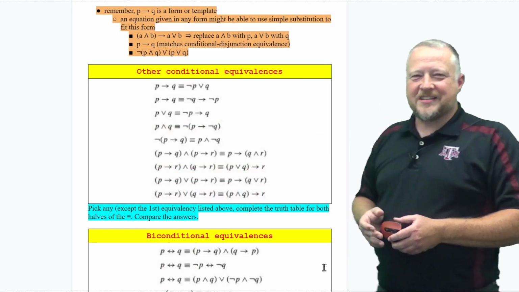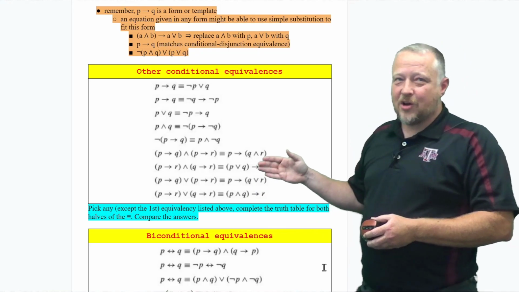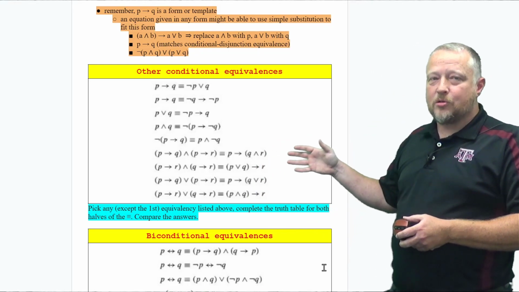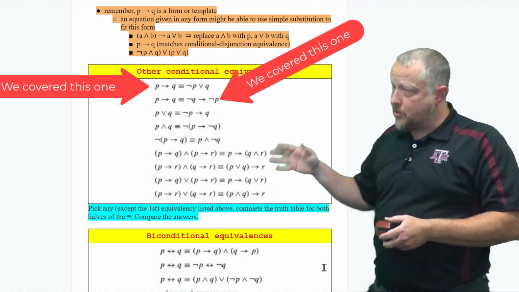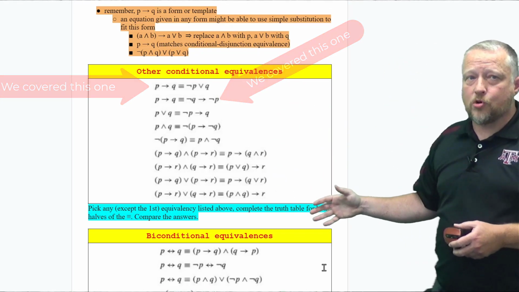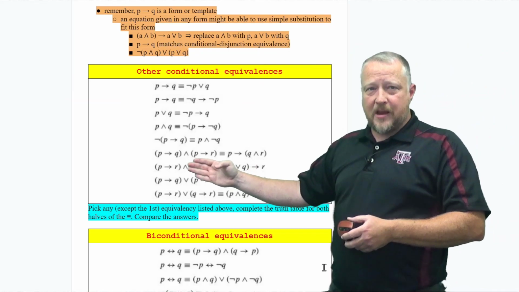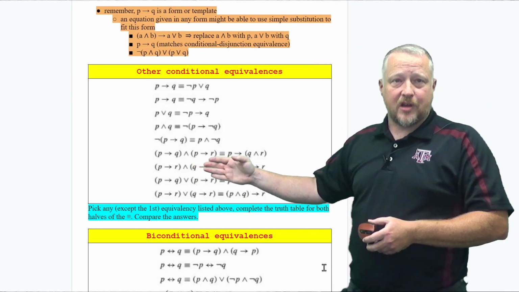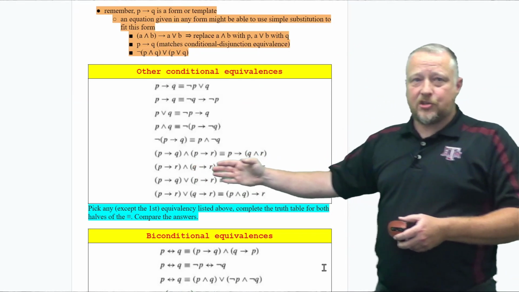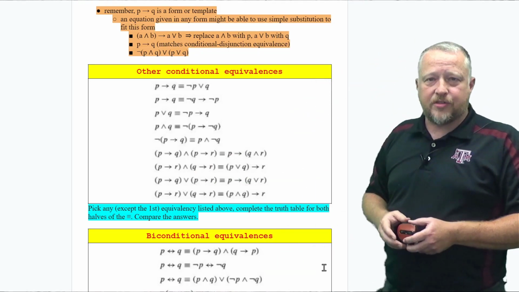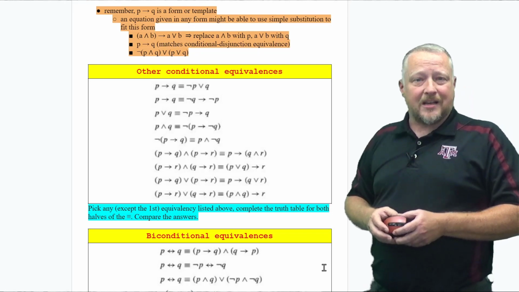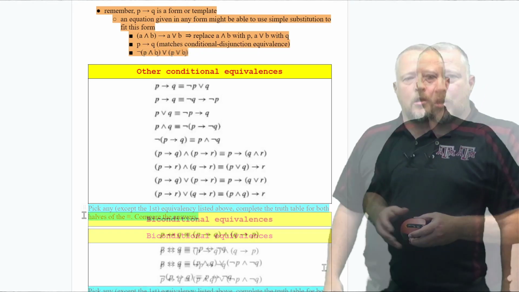So here's where things get a little bit more interesting: our other conditional equivalencies. These are going to have names eventually, by the way, but notice there's a significant portion of these. We're going to have an exercise here in a minute. If we were to do a long truth table with these two, they're going to end up being exactly equivalent to one another.